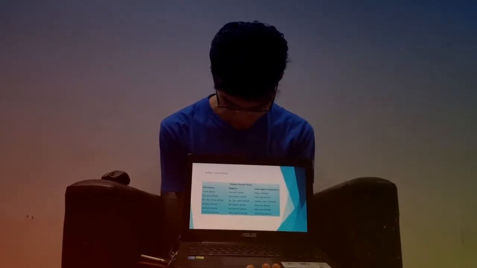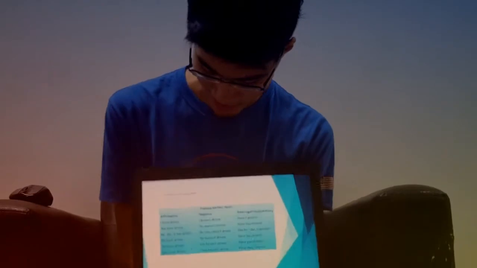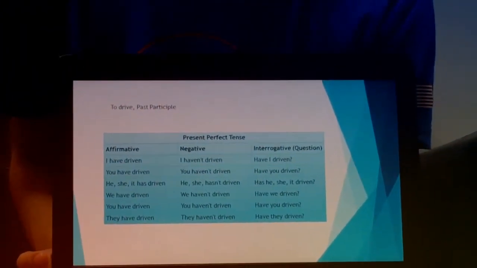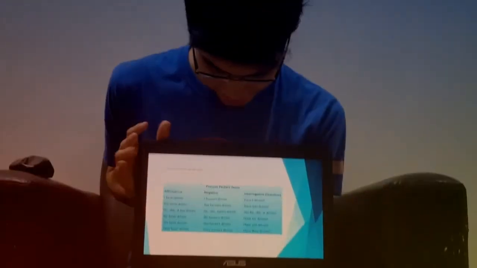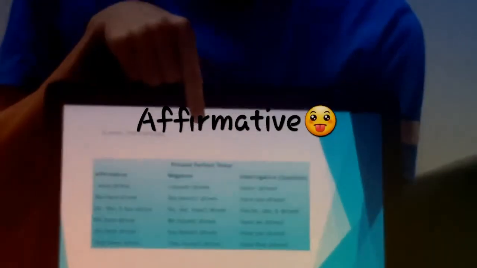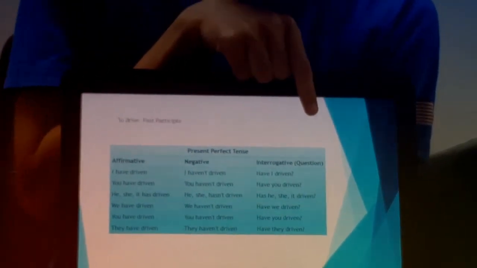This is the part where you use present perfect tense to create three types of sentences. The first one, you have affirmative, which in Malay we know as ayat penyata, and we have the negative sentence and how we create questions using present perfect tense.